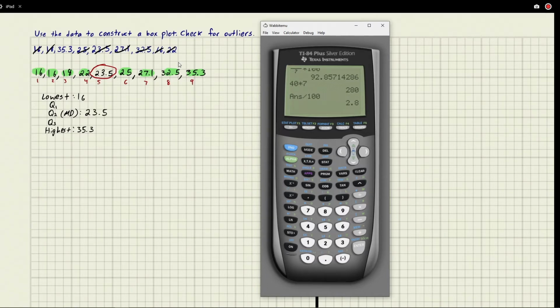It's the median. So now to find the first quartile, these numbers will form the numbers that we look at for the first quartile, and these numbers will form the numbers we look at for the third quartile. Because we had a number in our data set that was exactly the median, we don't include that number. If we had an even number and we had to average things, we would break the two numbers into the two halves.